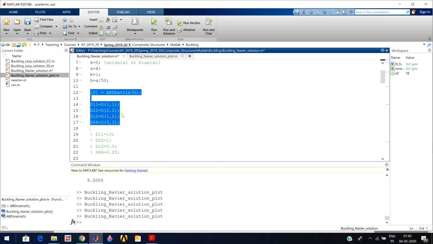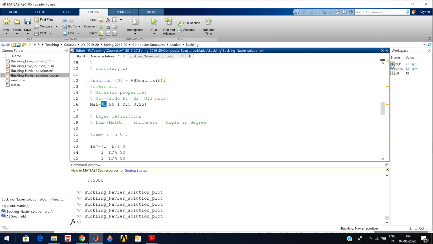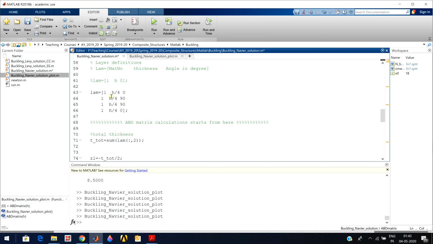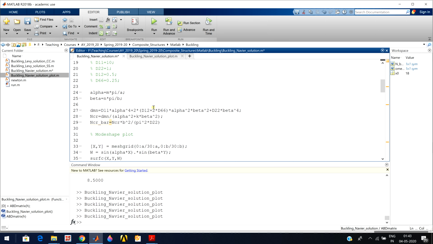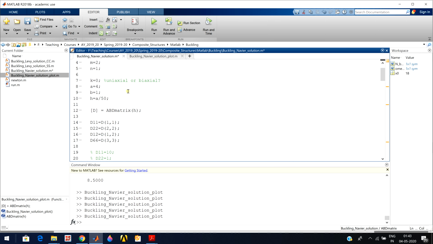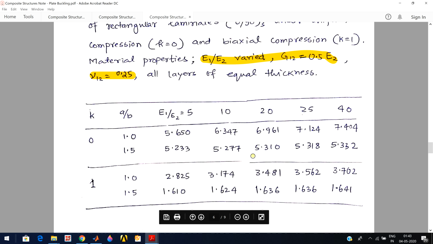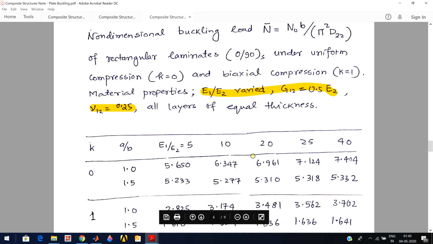But now I will uncomment this one so that the D matrix will be calculated for this particular material properties and this laminate sequence, 0, 90 symmetric, and the D values will be taken from there. Then k is equal to 0 will be uniaxial, then I'll put m is equal to 1, which is the first; hopefully we'll get the minimum value with that.